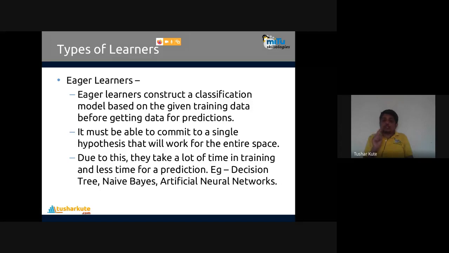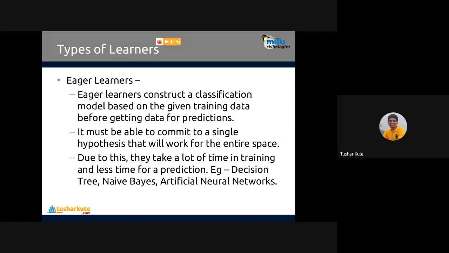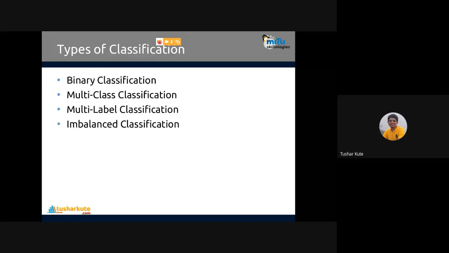Decision tree, Naive Bayes, ANN, these three algorithms we have in the syllabus, come under eager learners. No lazy learner is in the syllabus. The lazy learner is the KNN algorithm, which is not there, but that's also one of the great algorithms for classification of data. Now, there are four different ways by which you can classify.